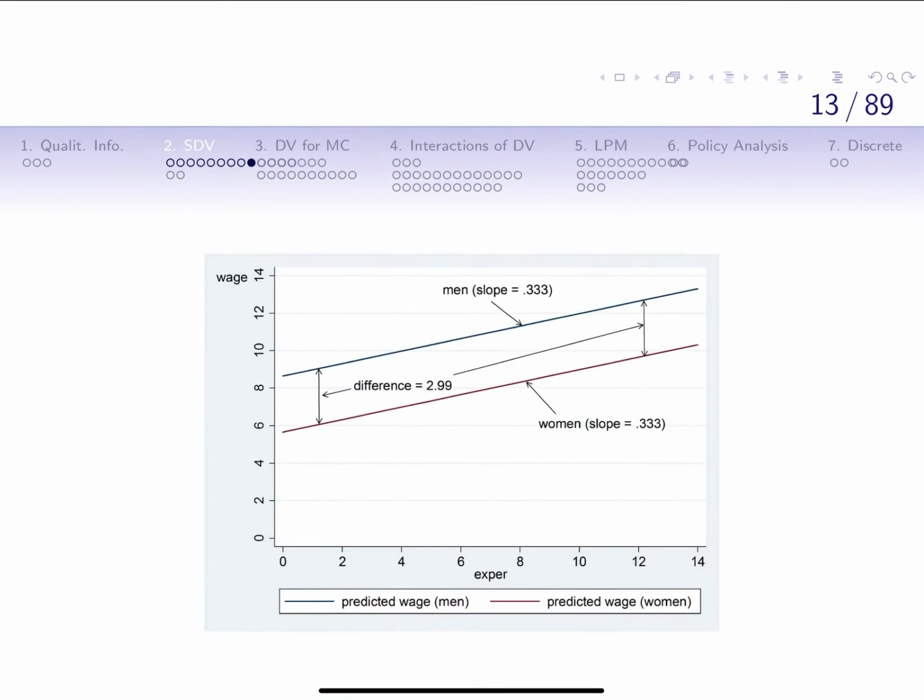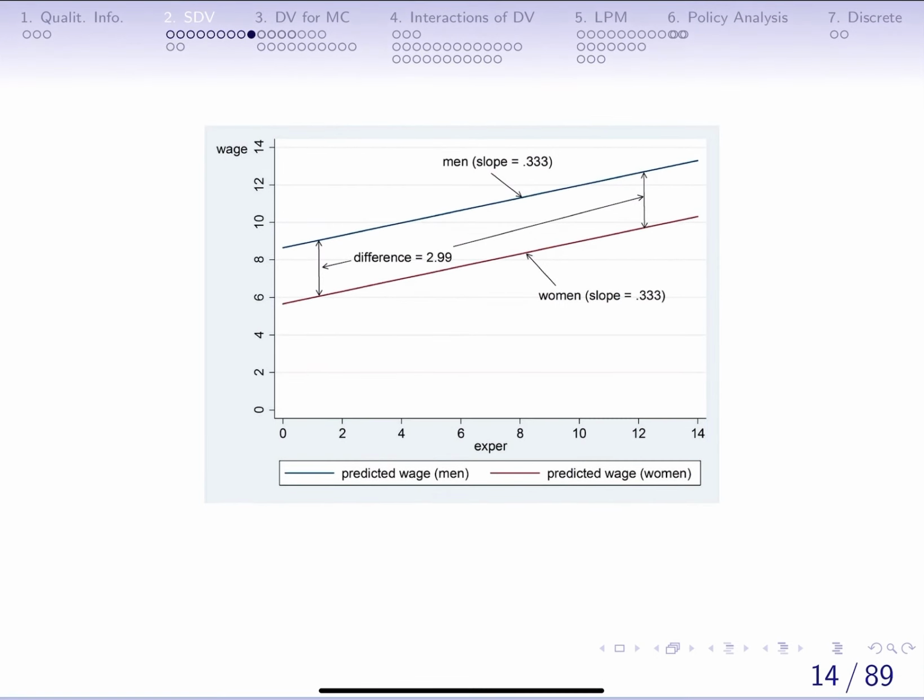Okay, so the drawback of that model that we just saw was that if we try to capture experience on the x-axis and wages, we're basically saying that there exists some sort of a difference between men and women, but the effect that experience has on wages is the same for both men and women.